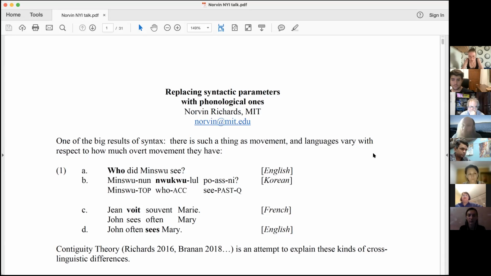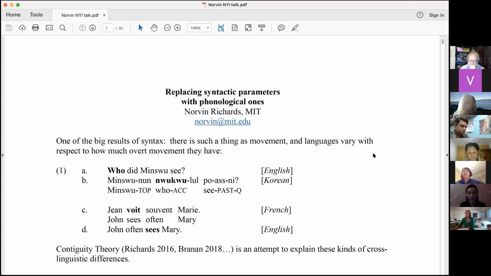Another one that I'll just mention briefly, French is often taken to be a language in which the verb raises into T. That's an account of the ordering of the verb with respect to certain kinds of adverbs, facts that have famously been the subject of a lot of research, going back at least to Pollock's classic work.